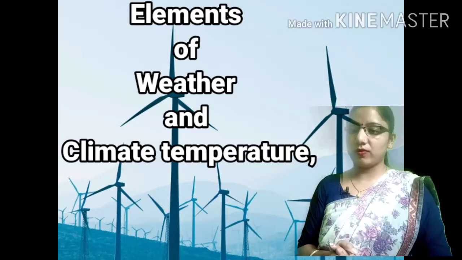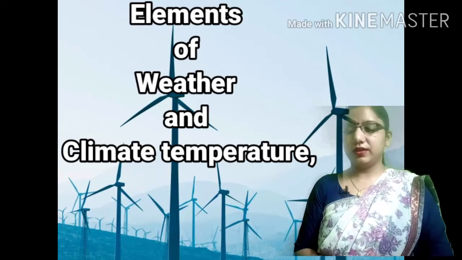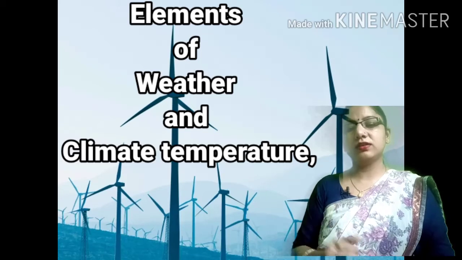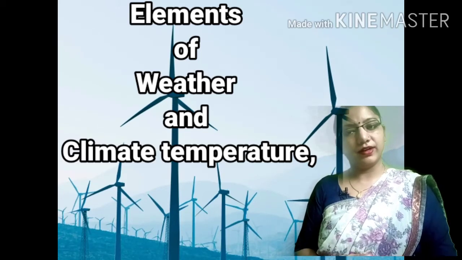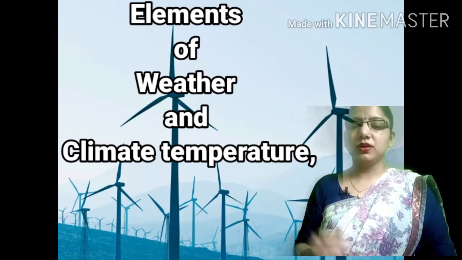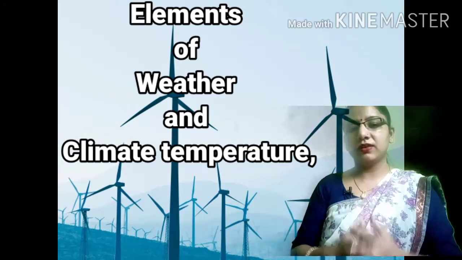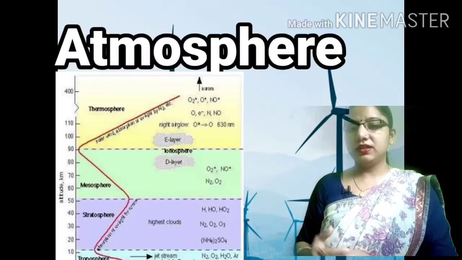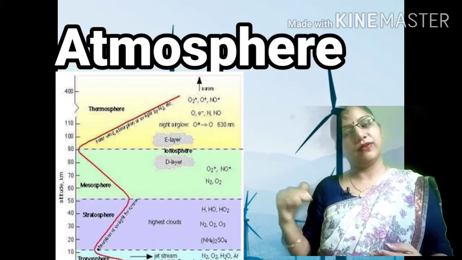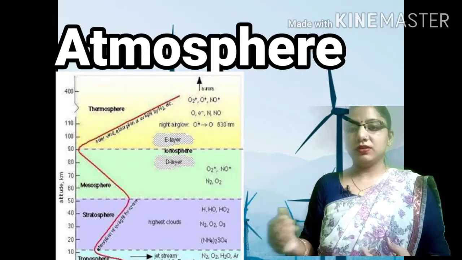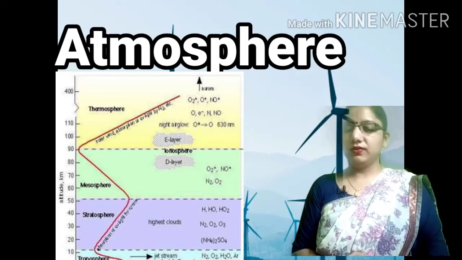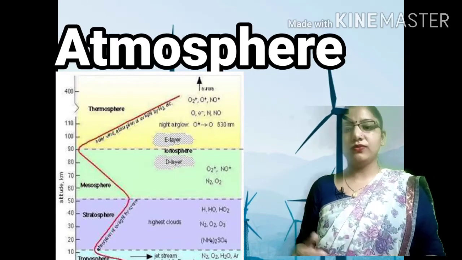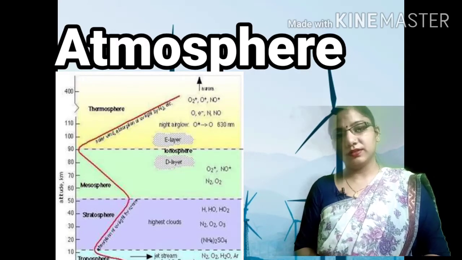As you know, the chapter depends upon the unit Climate, and the atmosphere is the most important part of our climate. So we will start with the chapter on atmosphere, and we will see how the atmosphere is affecting our climate. So let's start our chapter with our first topic, that is the introduction of the atmosphere.